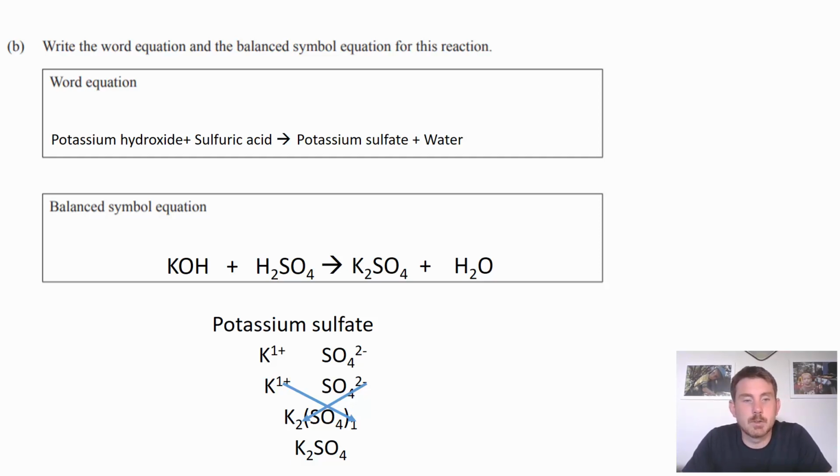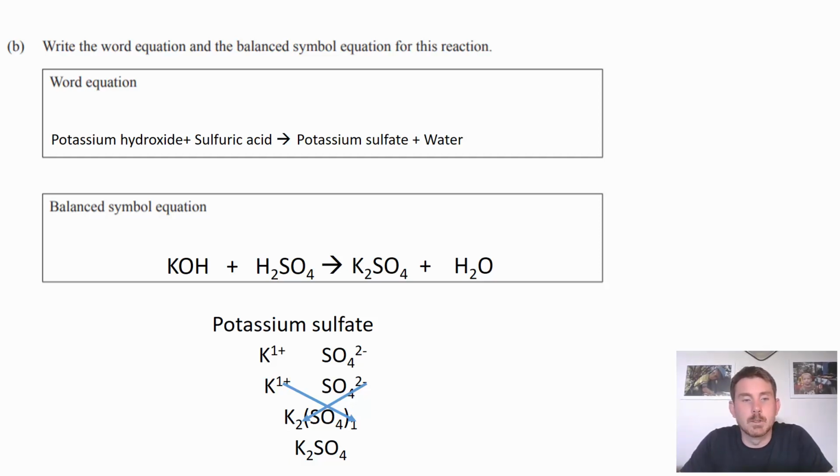So what I would do here is start from the left-hand side and count up the number of each individual element and total them up on the left-hand side and the right-hand side. And if they don't match up, then we need to put a number in front of the compound to balance the number of each element on each side of the equation.